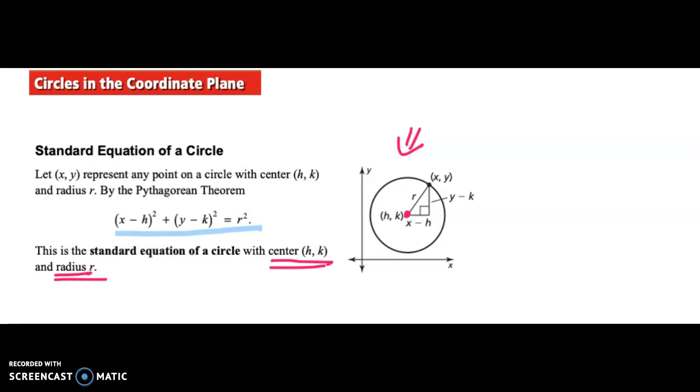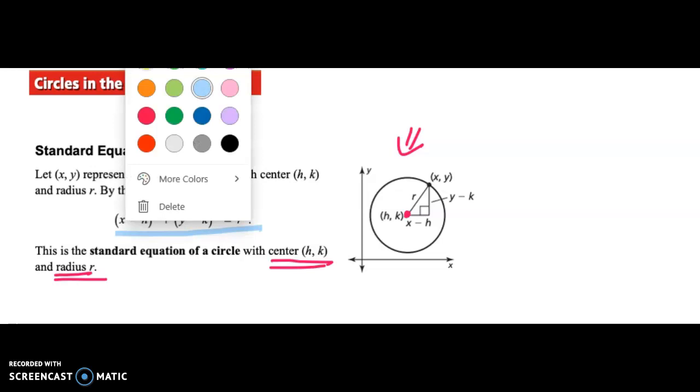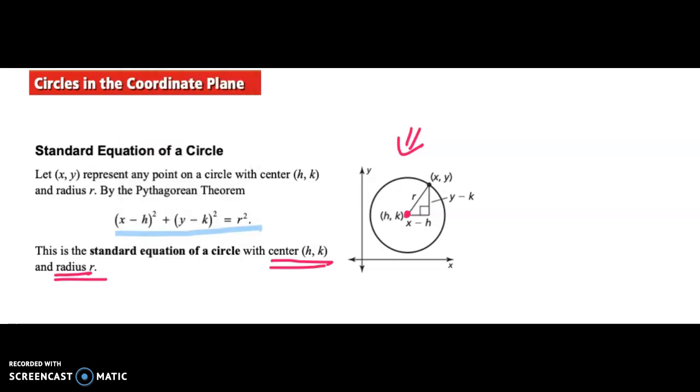If you look closely at this circle and the triangle formed here, why is it x minus h and y minus k? If I consider any point on the circle, that will be x and y. That's how we write coordinates.